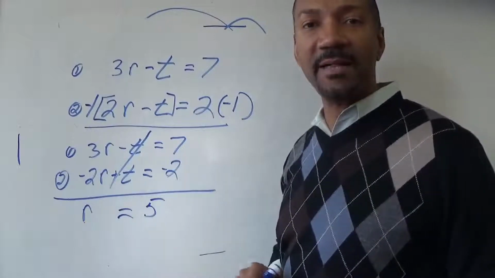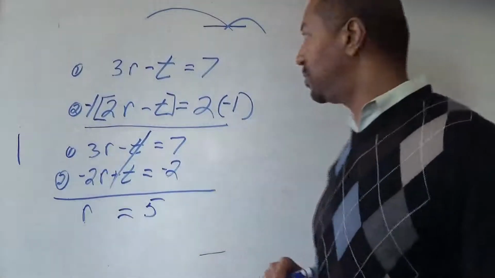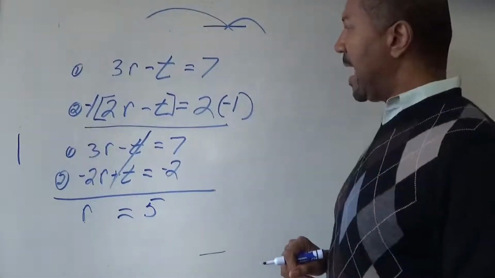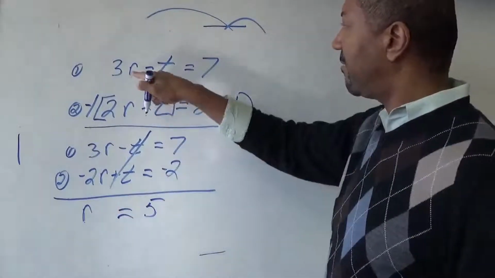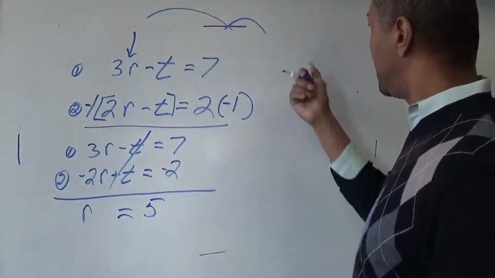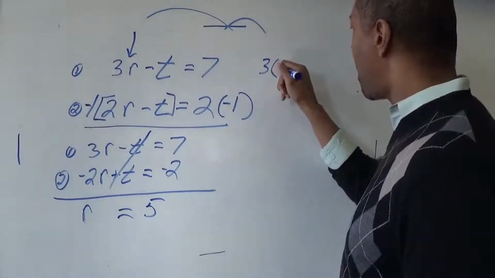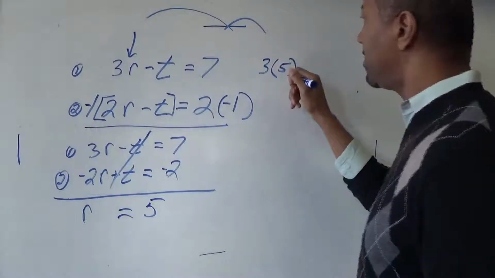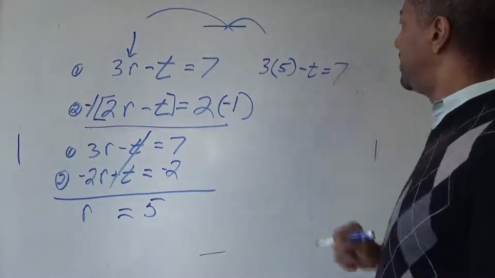Let's use that value for R and go back so we can figure out what t is equal to. I'm going to go ahead and plug this R value of 5 right there. So when I rewrite that first equation, I will have 3, instead of R, I'll put my 5 in there, minus t is equal to 7.